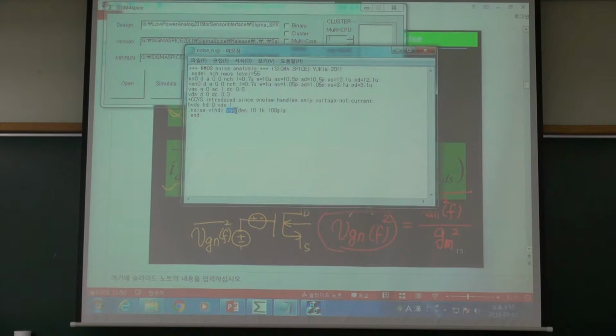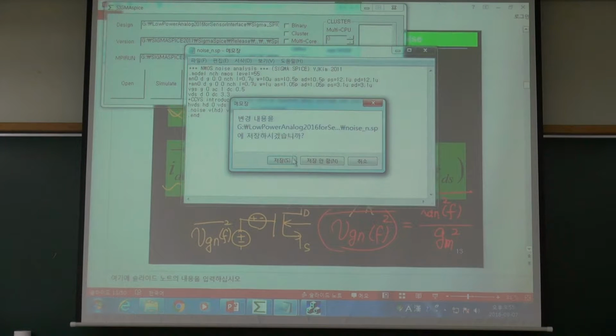This is the input, so it shows the noise transfer function between the input, the gate source node, and the output, which is the drain current. And then the decade 10 means when frequency changes by 10 times, I put 10 points in between logarithmically, starting from 1 kilohertz to 100 gigahertz. Then let's simulate it.